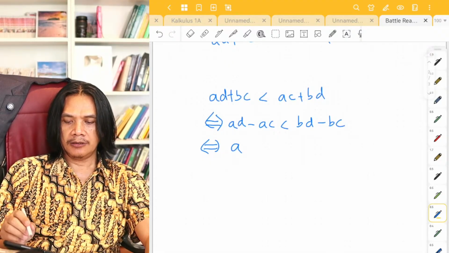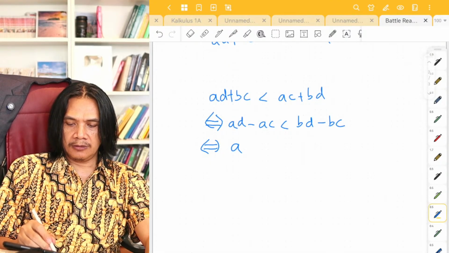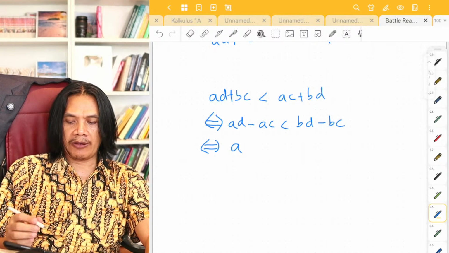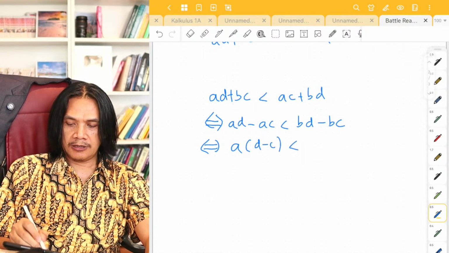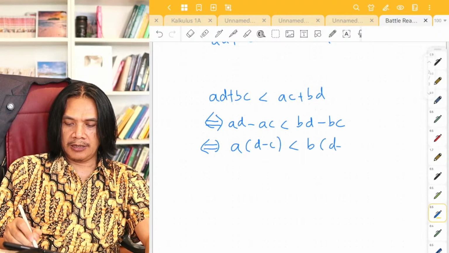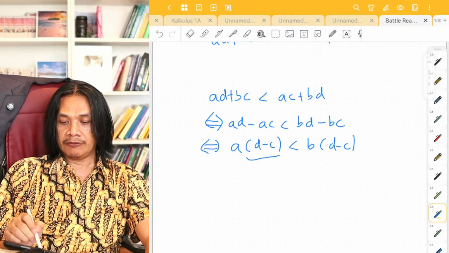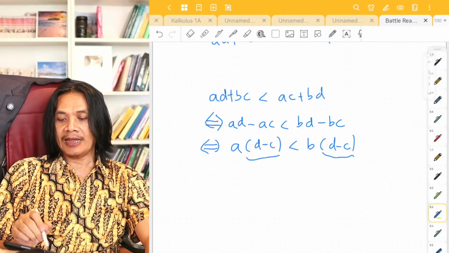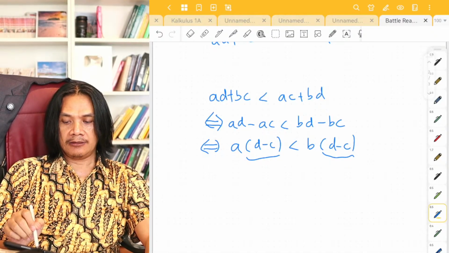If you factor out, it's A times D minus C, and this is less than B times D minus C. Now you can see, because this is positive, we get A less than B.